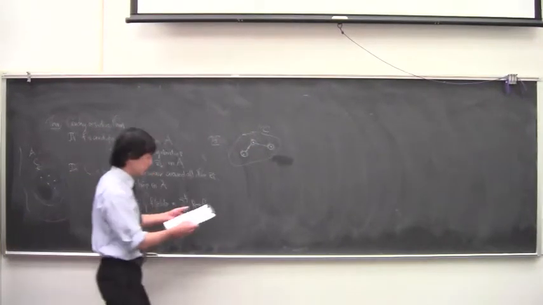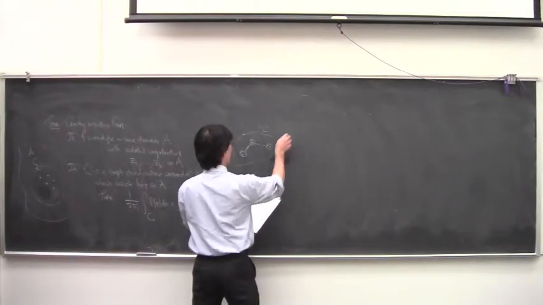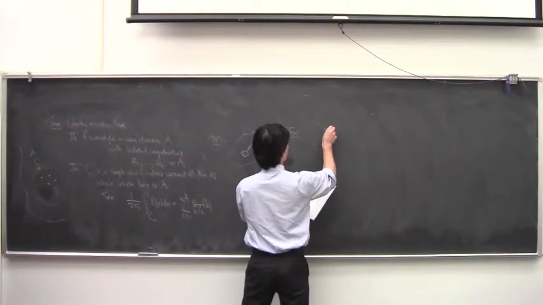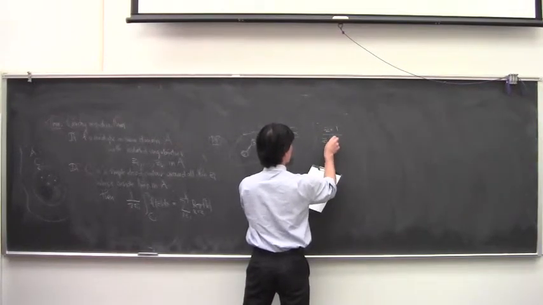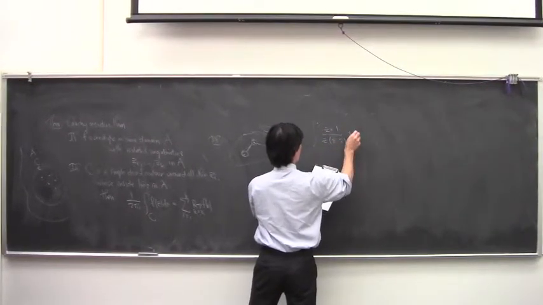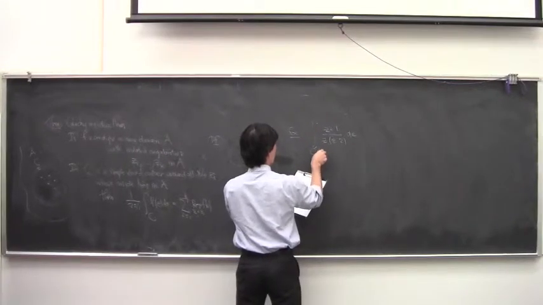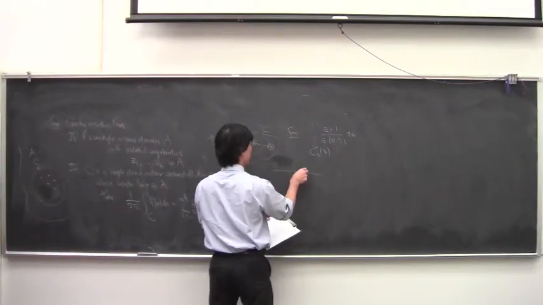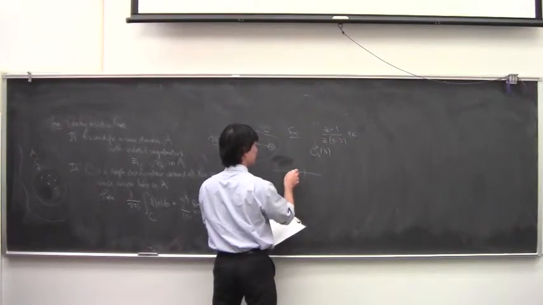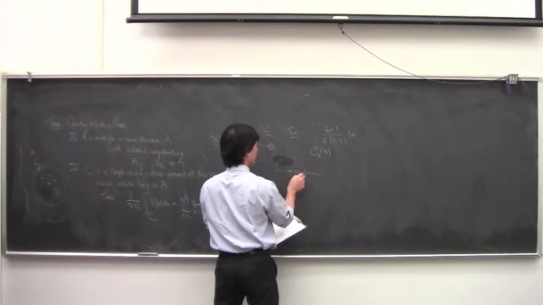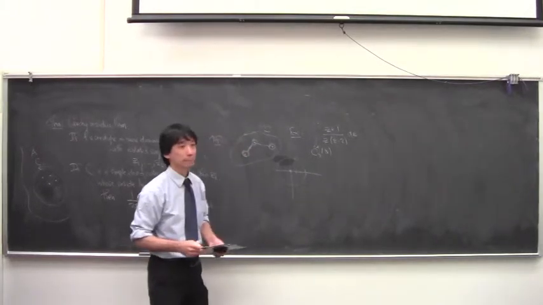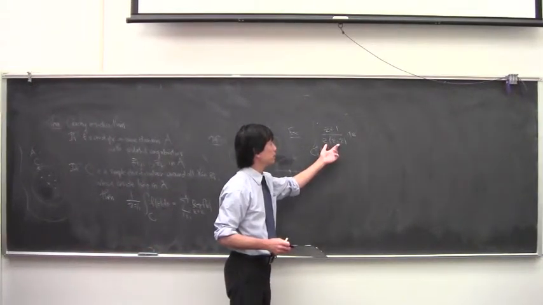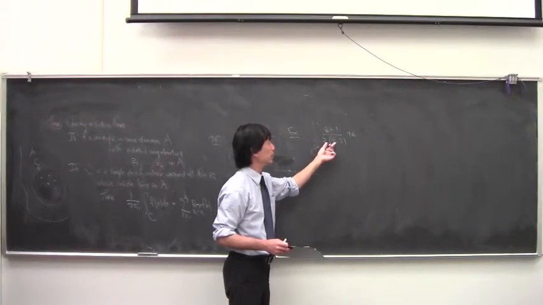Okay, so we'll do an example. Somebody says, here's an integral. I'd like you to integrate this on the circle of radius 3 around the origin. And you see that this has poles at 0 and at 2.